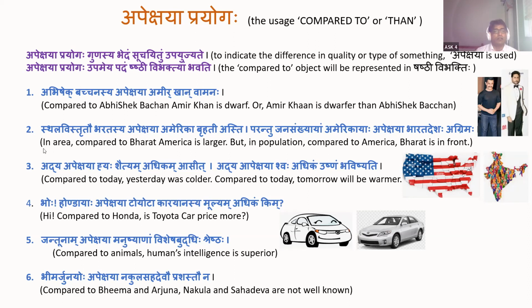Same thing regarding sthala vistritihi, area: you have to use sixth vibhakti. Bharatasya apekshaya America brihati. And in janasankhya, Amerikayaha apekshaya Bharatadeshaha agrimaha. It's all the same here. Adya apekshaya. Why is it Adya apekshaya?